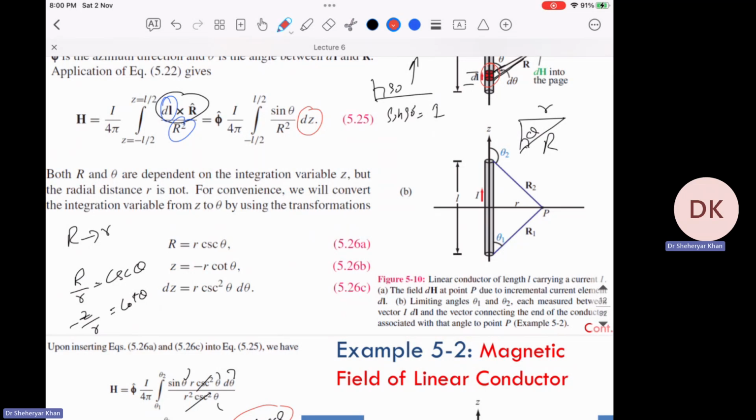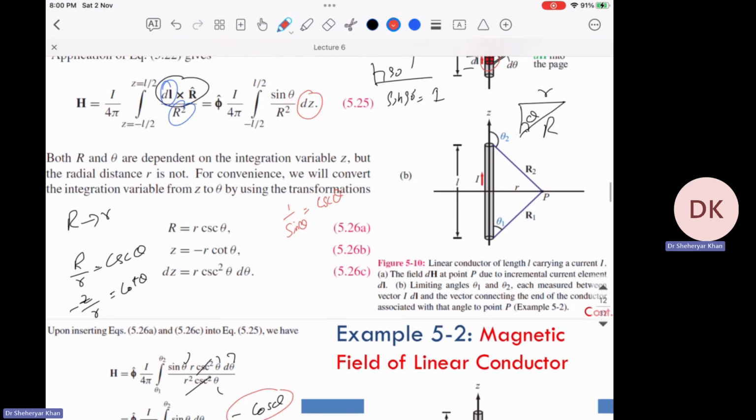So we can say that R over r is 1 over sine theta, which is cosecant theta. Z over r is cotangent theta, and dz, taking the differential, becomes like this.